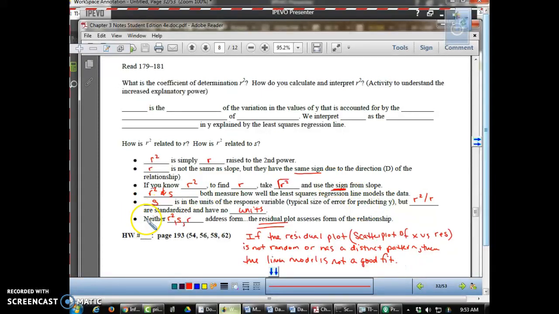And this is all because I told you yesterday that when you run a linear regression, it should almost cancel out that linear pattern. And if it doesn't, then that means that the linear model is not a good fit. It is some other type of relationship, some sort of curve, or maybe it's just that the model doesn't work well for all the x values for the model.